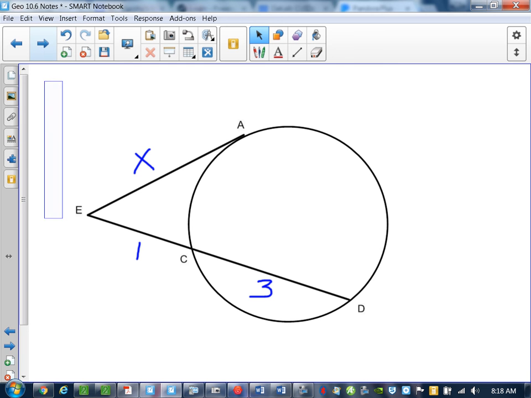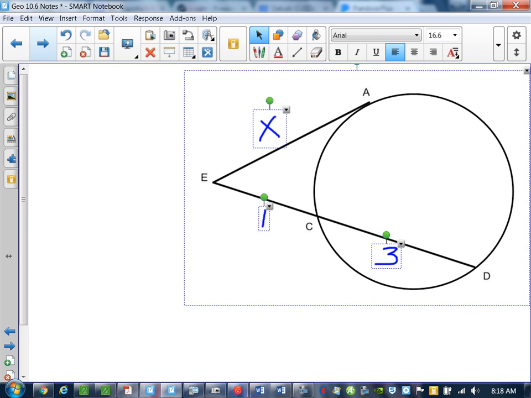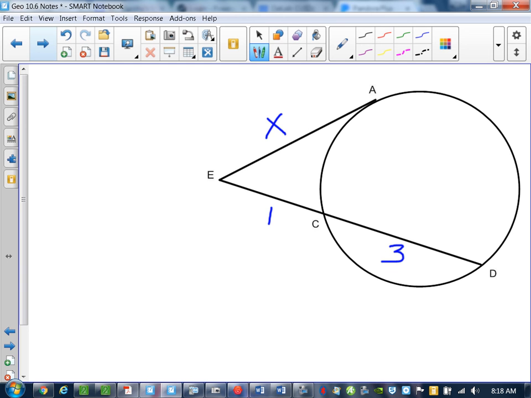So the x is your tangent segment. So you have tangent segment squared is the out times the whole. So you write it out as x squared equals 1 times what? 4. 1 times 4. How do you solve for x? Square root it.